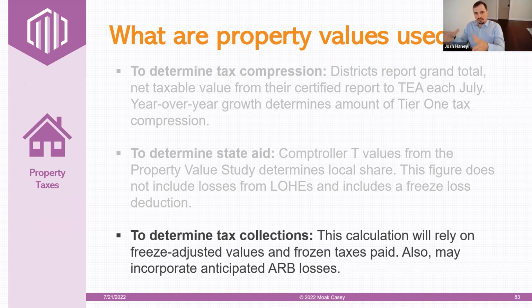But freeze adjusted just means all of the value for those over 65 and disabled properties has been removed from the total. We're doing that because they're not taxed based on their value. Over 65 and disabled folks are taxed based on their frozen levy. So we have to treat them a little bit differently.